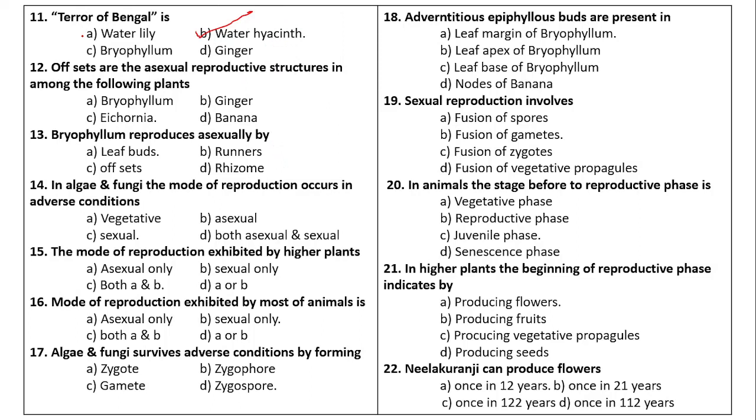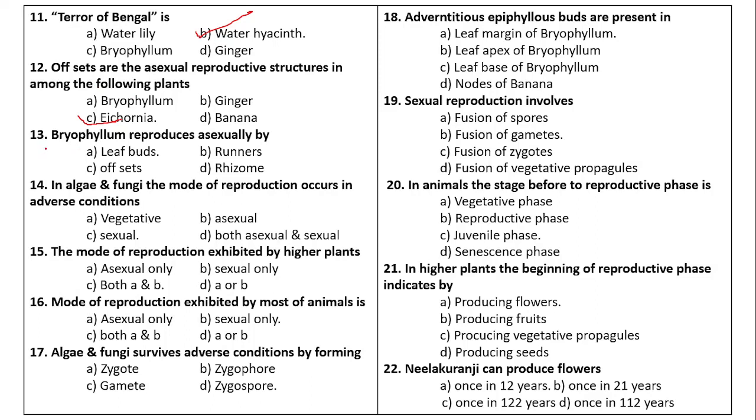Eichhornia species we call it in common. So the option is Eichhornia. Eichhornia is the aquatic plant that will show asexual reproduction by means of what? The offsets.